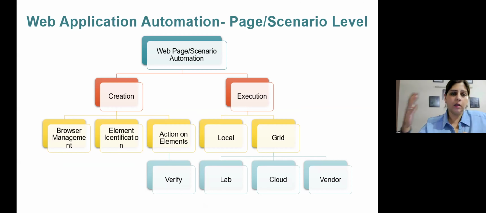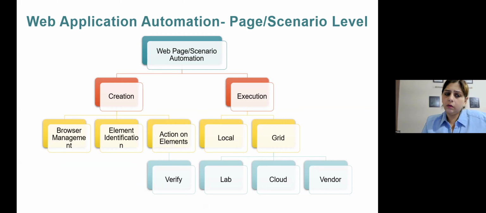And if you want to be more tech savvy, scheduling is another aspect to it. So we will stick right now only to creation and execution. For creation of a script, you should have something to manage your browser. Once that is done, you want to identify your element. Once that is done, you want to act on the element.